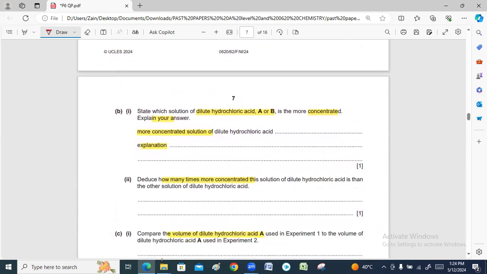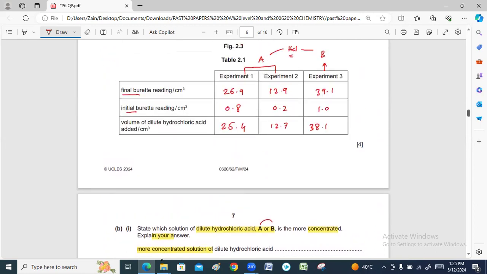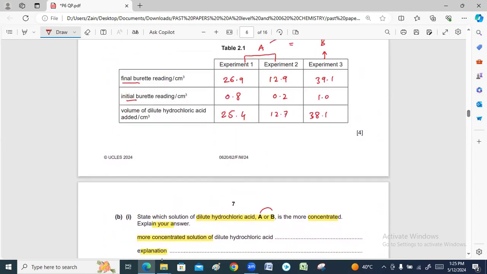State which solution of the dilute hydrochloric acid, A or B, is the more concentrated. Explain your answer. If we look at the volumes of A and B, we can observe that for experiment 1 and 2 this is A, and for experiment 3 this is B. You can compare the volume either with 25.4 or 12.7. For experiment A, 12.7 volume is required, and for experiment 3, 38.1 centimeter cube are required.